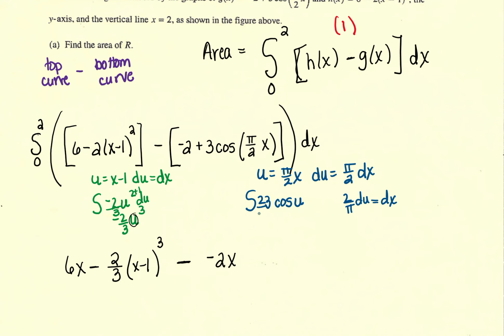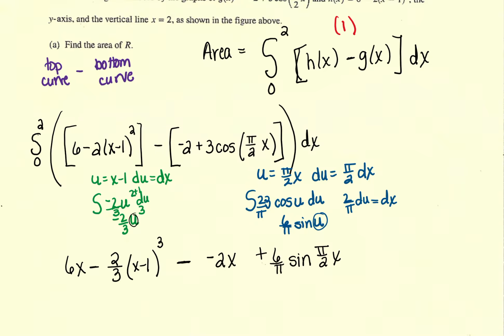So I'm going to make that 3 times 2 and have 6 over pi. The integral of cosine u is sine u. Again, I don't want to change my limits of integration, so I'm going to put my u back in. So I have 6 over pi times the sine of pi over 2 x.